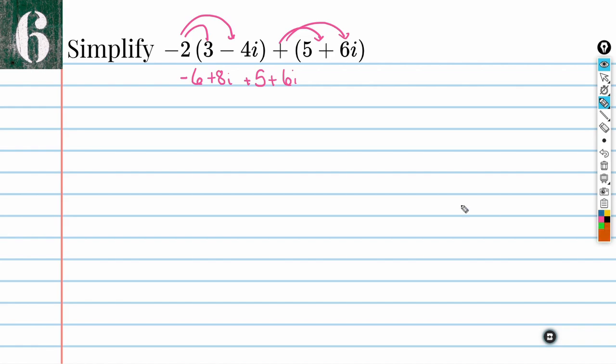So combining our real portion together gives us a negative 1. Combining our imaginary portion together gives us a positive 14i.